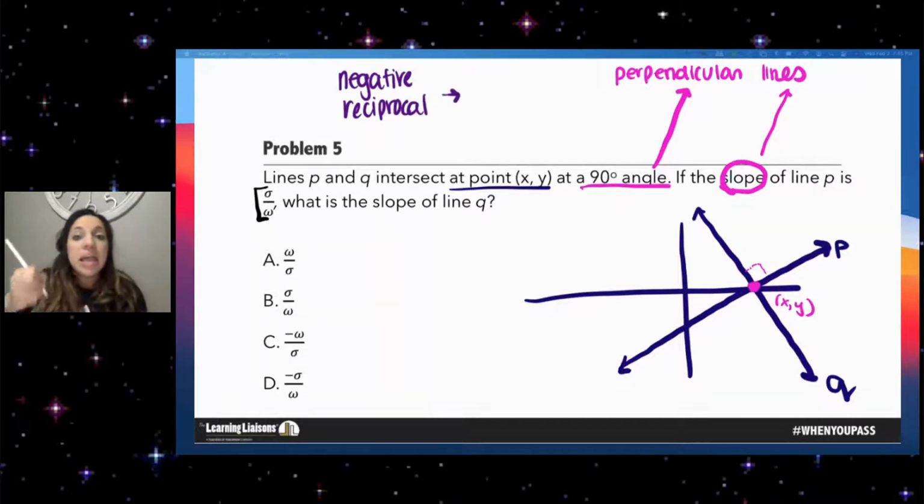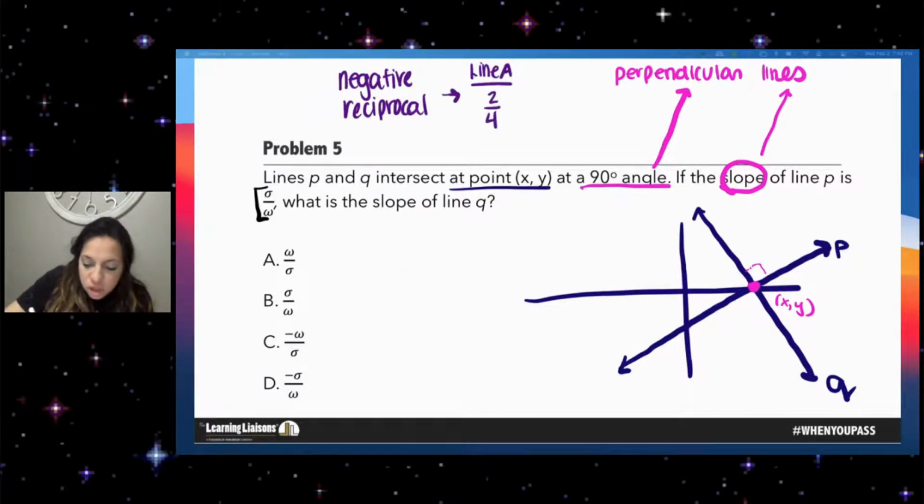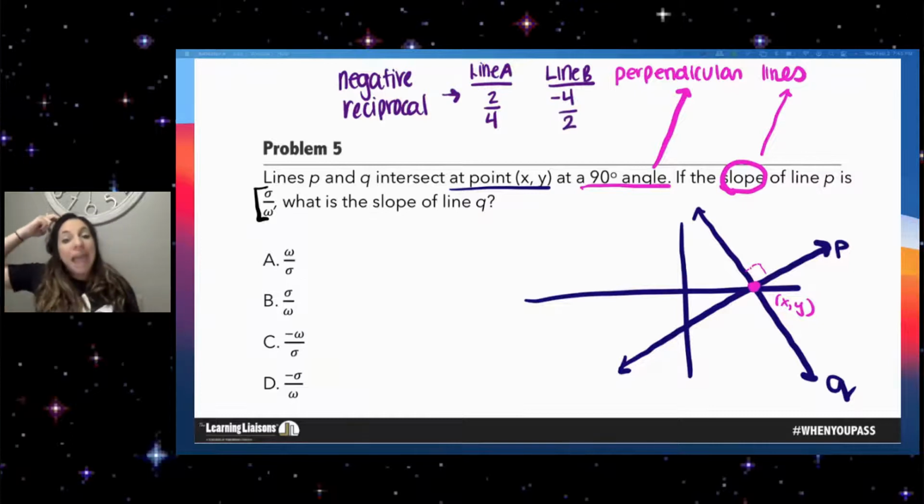That means if the slope of line A is 2/4, then the slope of line B would be -4/2. Negative literally means I'm just multiplying by a negative.